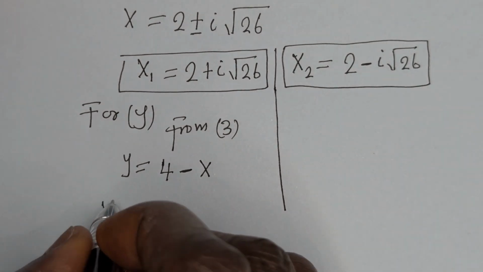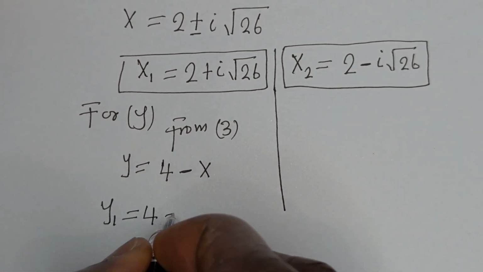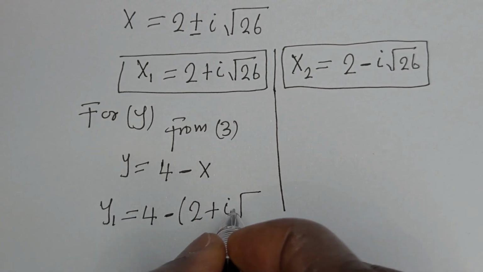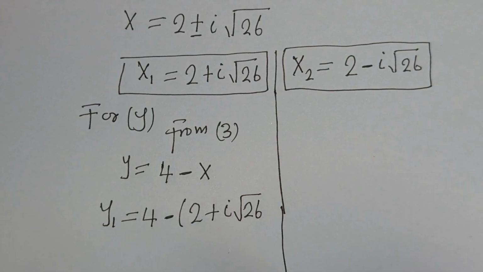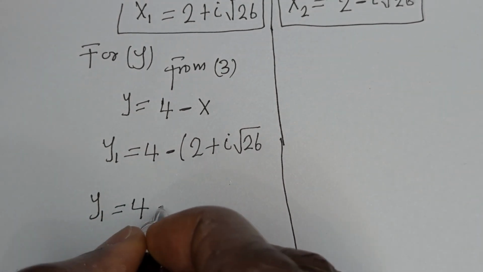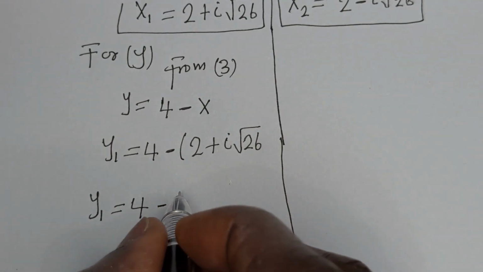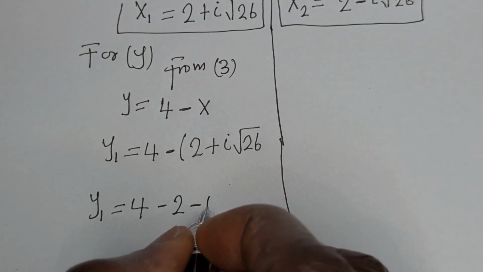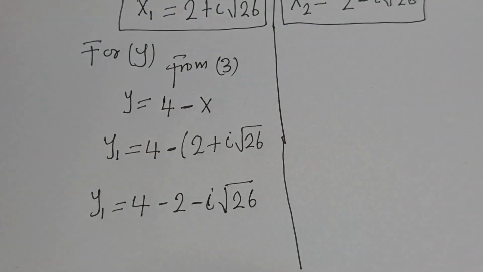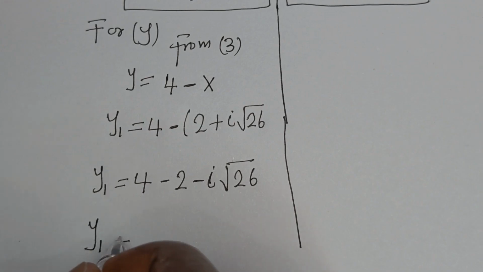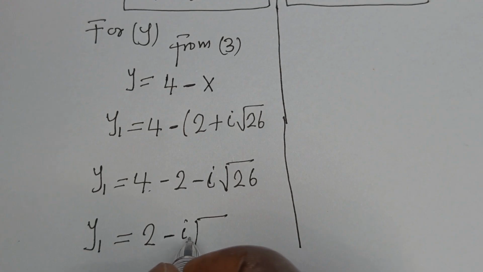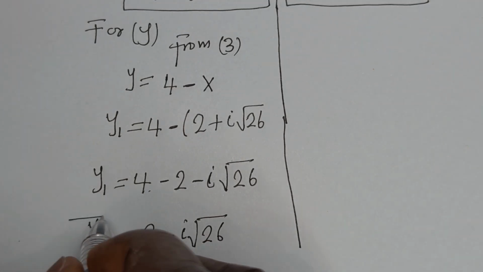Now here, y1 is equal to 4 minus x1, which is 2 plus i square root of 26. y1 is equal to 4 minus, if you open the bracket with negative, we have 2 minus i square root of 26. y1 is equal to 4 minus 2. This is 2 minus i square root of 26. This is the value of y1.